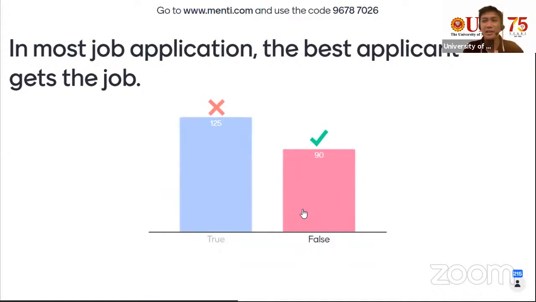If you go back to the second question, the purpose of the resume is to get an interview. So this also leads to this question: in most job applications, the best interview gets the job. So the answer is false. Let's proceed to the next question.